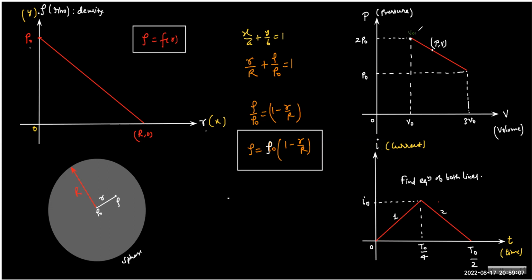What is the coordinate? V0 and 2P0. Very good. And for this point? 3V0 and P0. Very good. So you can use the 2-point form.